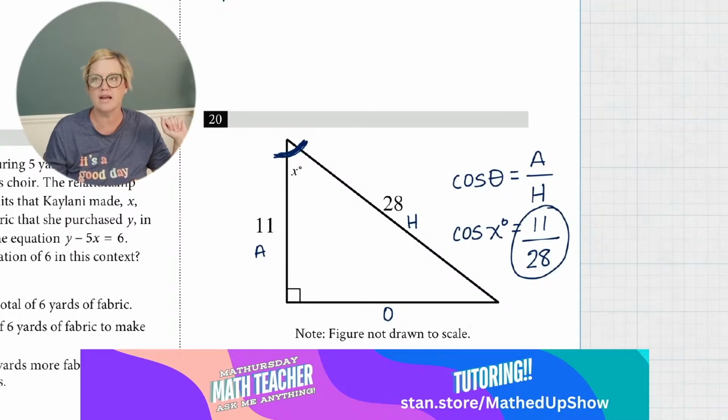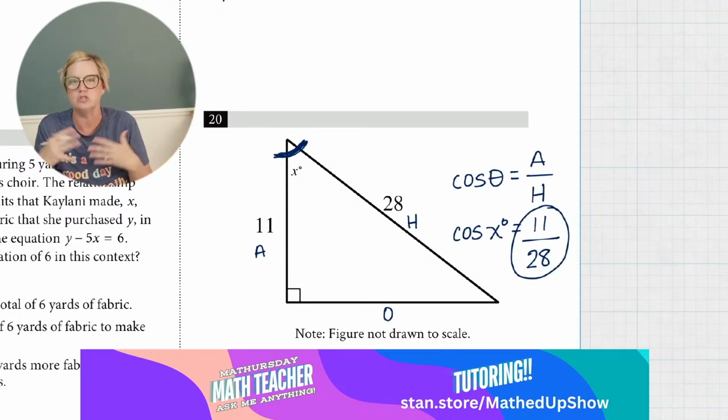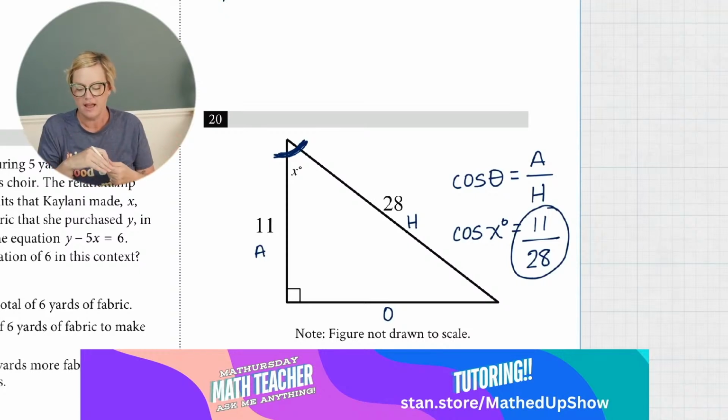A lot of times what I tell my students, like my sophomores, when they take the practice SAT, is SOHCAHTOA. On other questions when they're multiple choice, you can use different strategies. But if it's a short answer and you just don't know what it is, just make a guess.